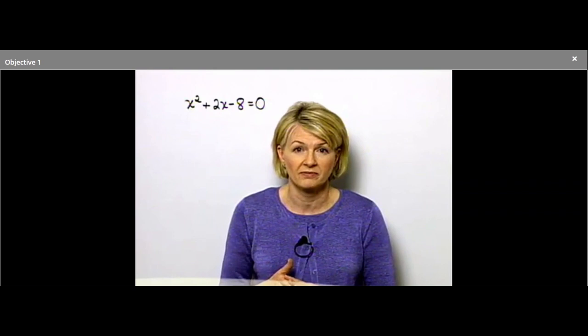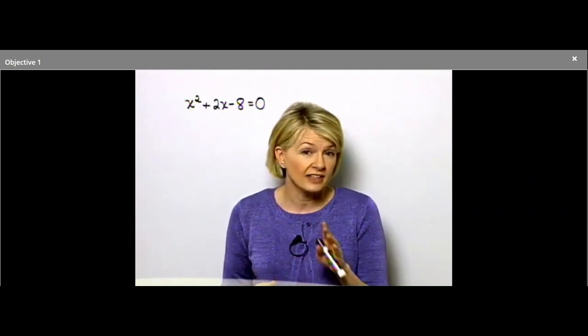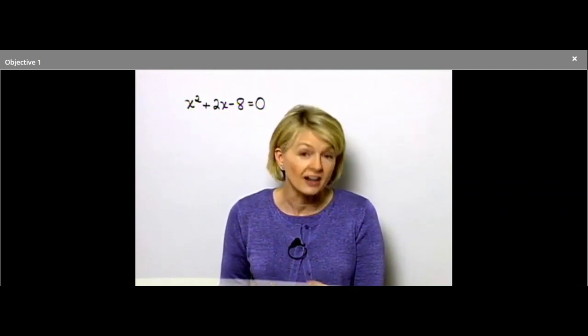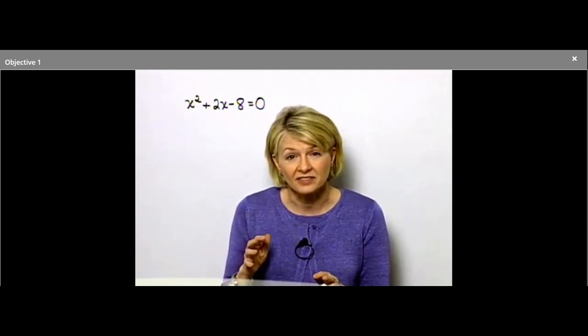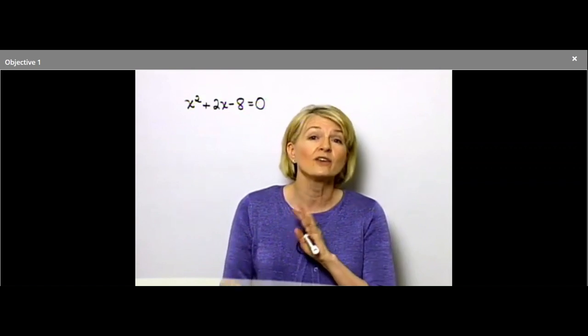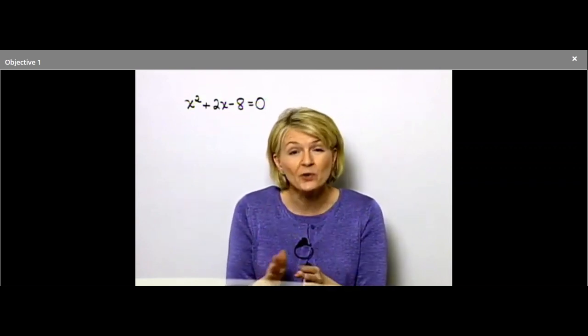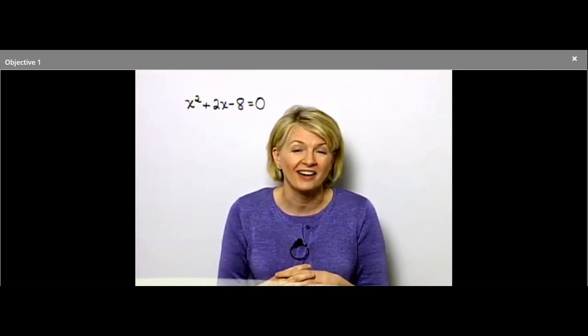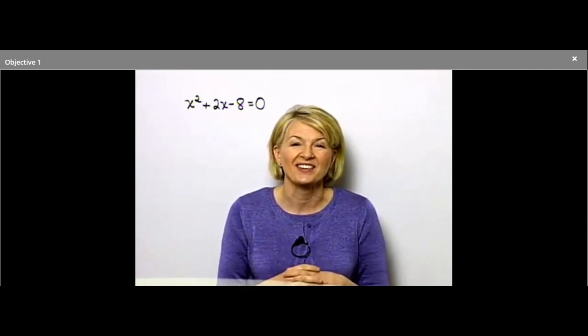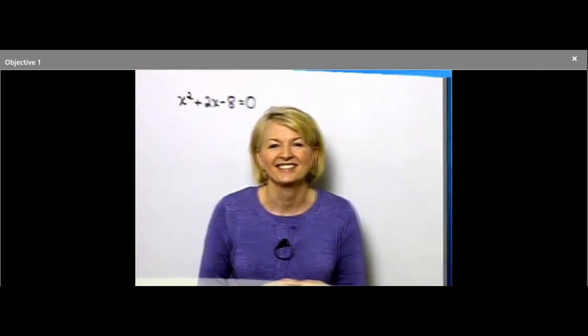Any two numbers. I know at least one of the numbers you're thinking of is 0, because the only way to get a product of 0 is if one or the other or both numbers are 0, and that's the zero product theorem, or the zero factor theorem. Let's look at that.